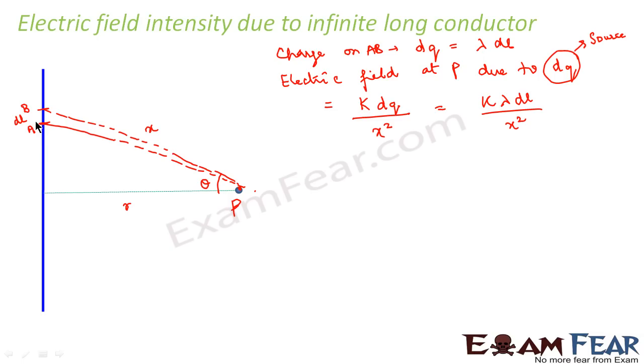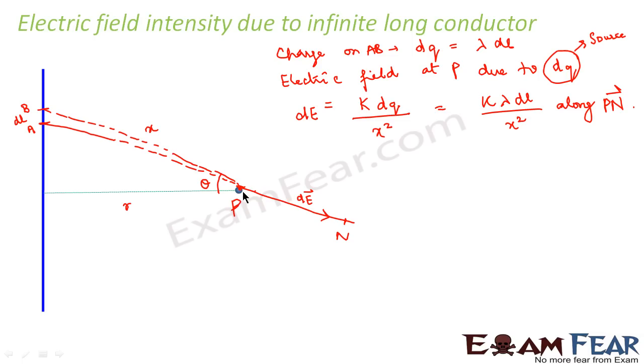This dq is a positive charge, and we also assume that this small charge here is a positive charge. So this small electric field, that is dE, will act along Pn. So the direction is along Pn, right?